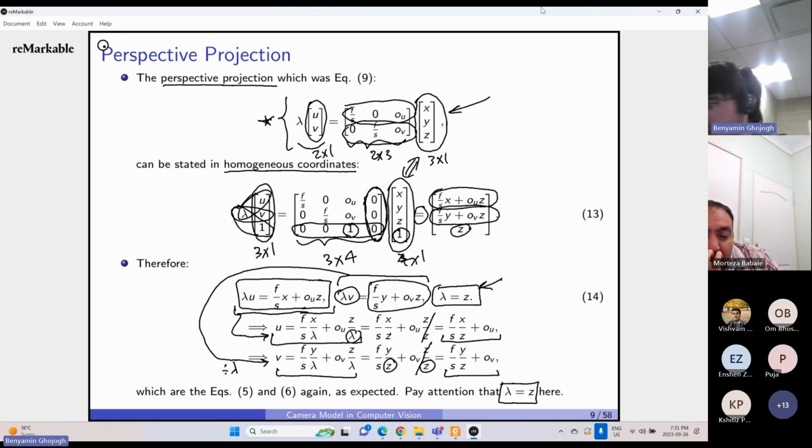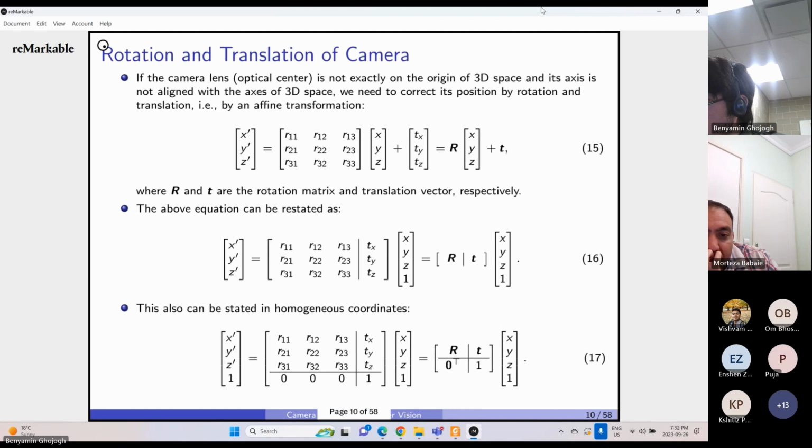This is what we usually do in computer vision. And now, by the way, again, as I said, interrupt me, don't need to raise your hand if you have any question. If the camera lens or optical center is not exactly on the origin of the 3D space, so far we assume that it is on the origin, right? Now, in general, it might not be on the origin of the 3D space.